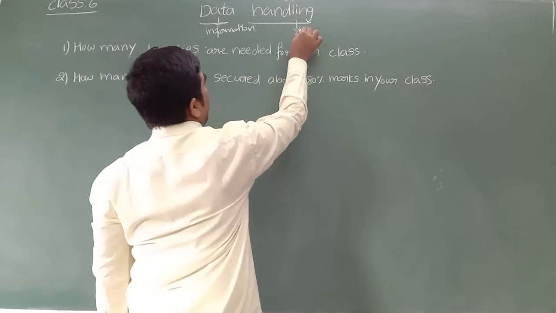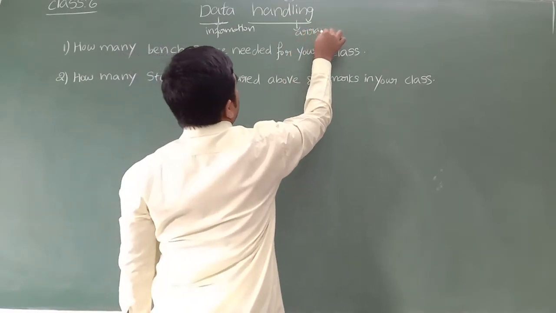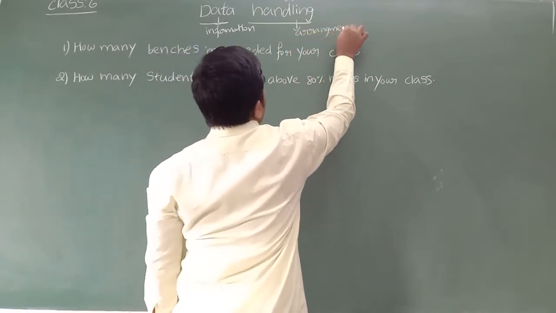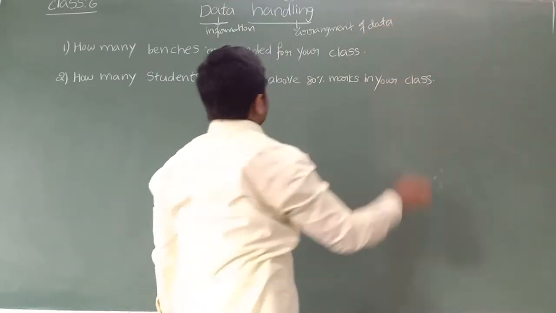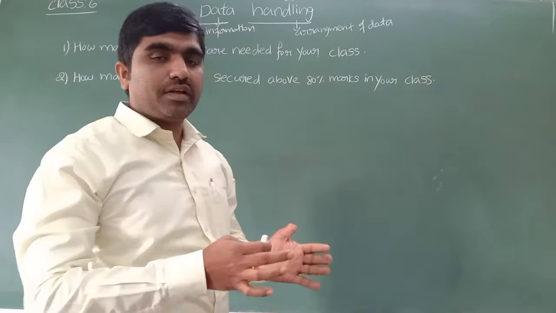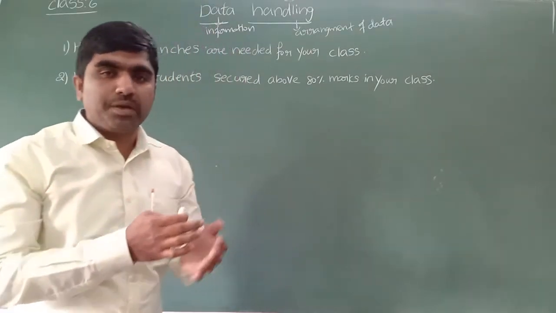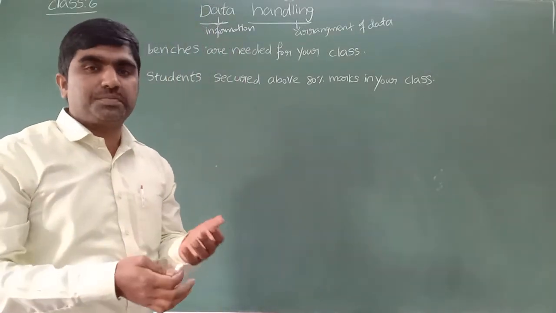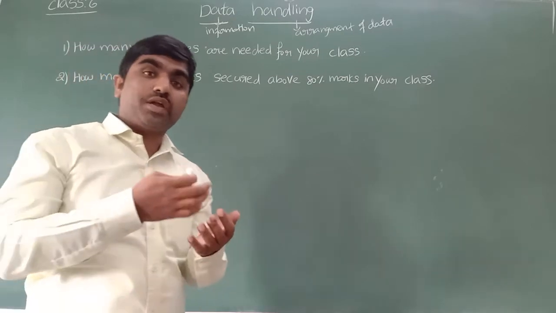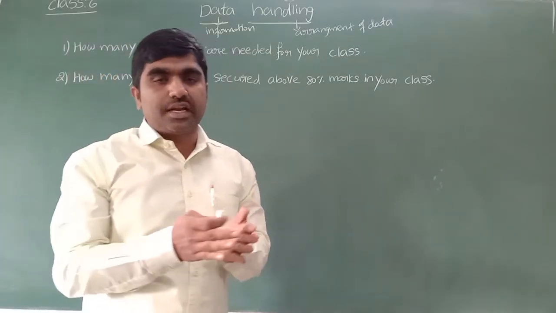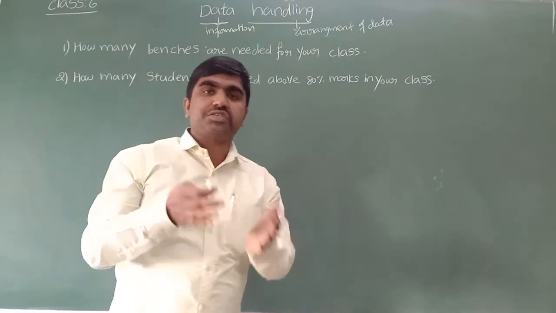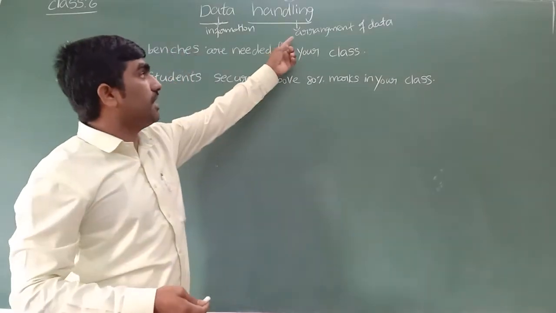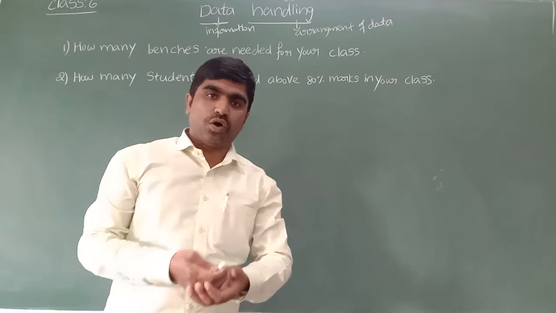Handling is nothing but arrangement of data. So in this chapter we are going to learn what is meant by information, what is meant by data, and also how we can arrange the data in a systematic order, and what the different ways are to arrange the data in a systematic order.